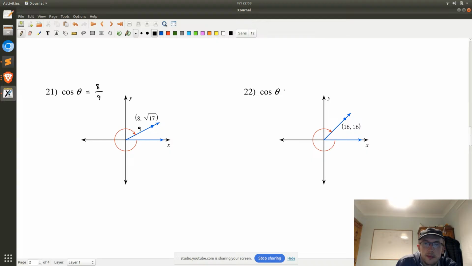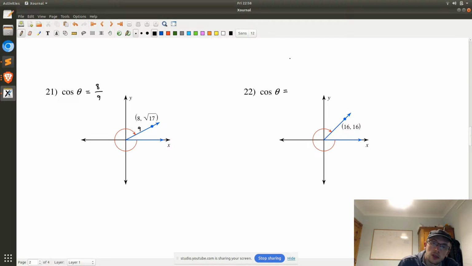And here, what is the hypotenuse in this case? Well, 16 squared, I mean, come on. When you add those two together, you get 512. So it's going to be 16 root 2.